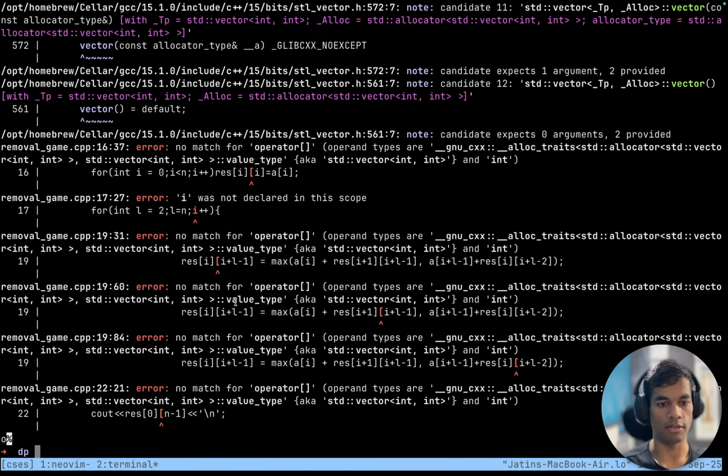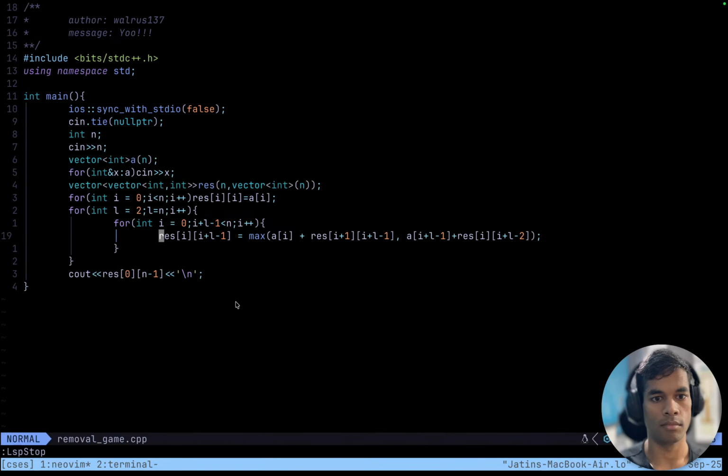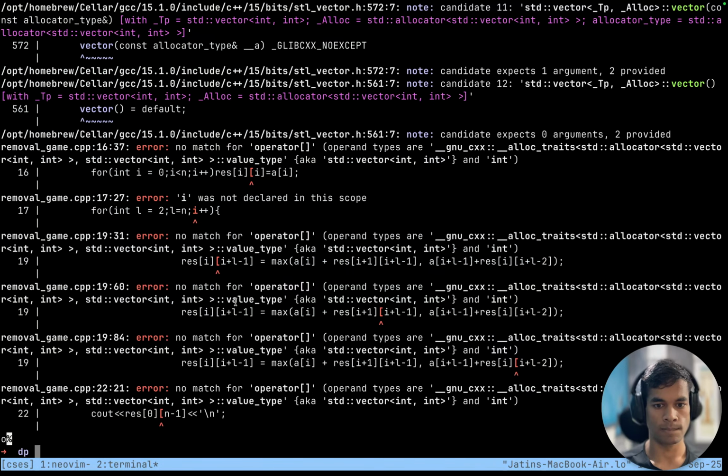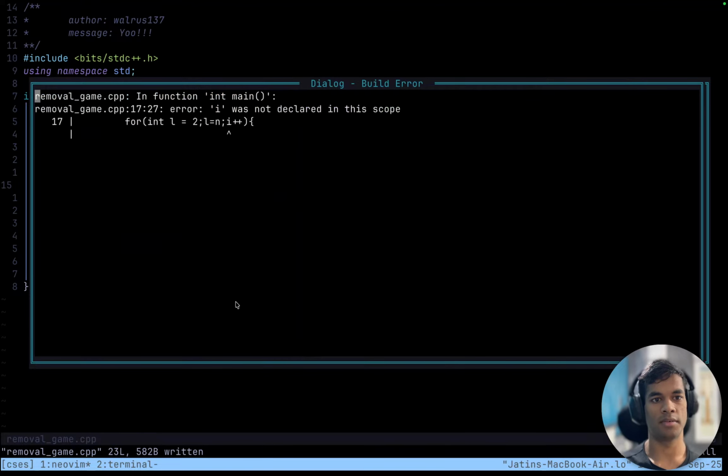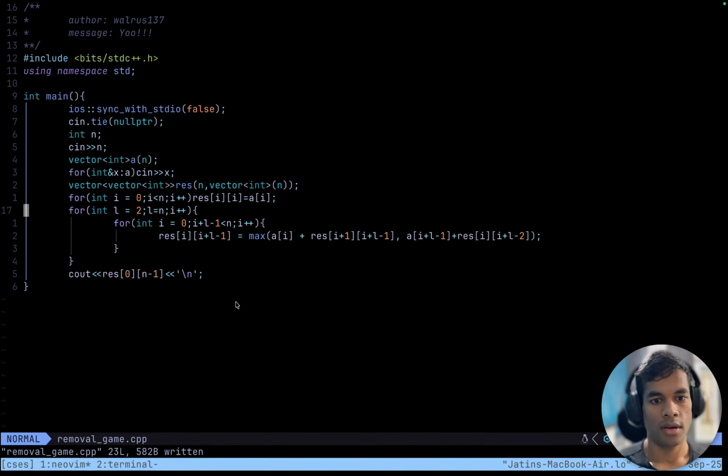Okay, there is literally some problem then. This is two-dimensional, so no match for operator. Why? What even is that? i plus plus, yes, that makes sense.